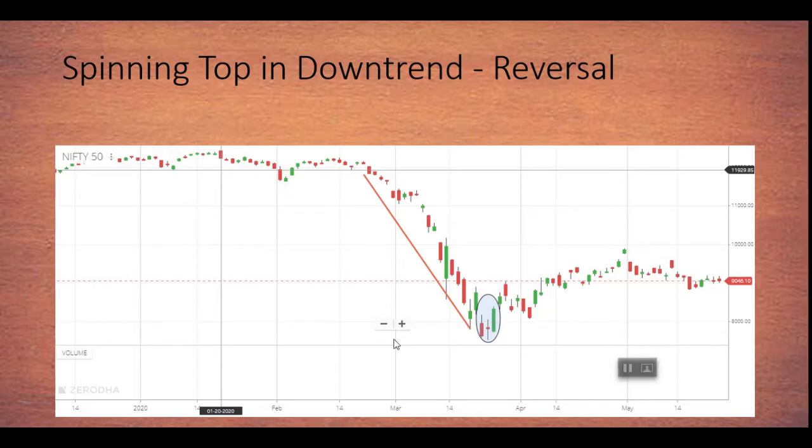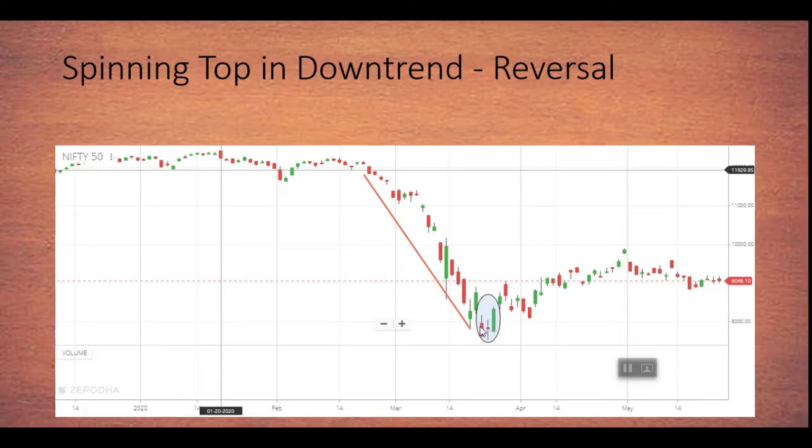Here you can see that after the downtrend, initially the bears were in full control. Then the bears were trying to take control, but suddenly the bulls were present in the Nifty and tried to pull the market upside.